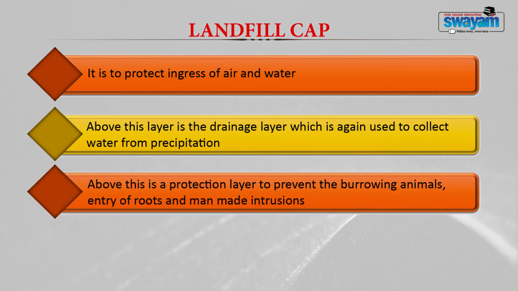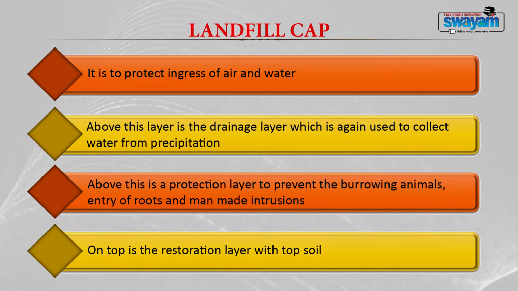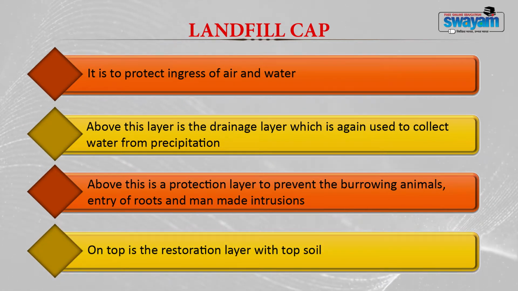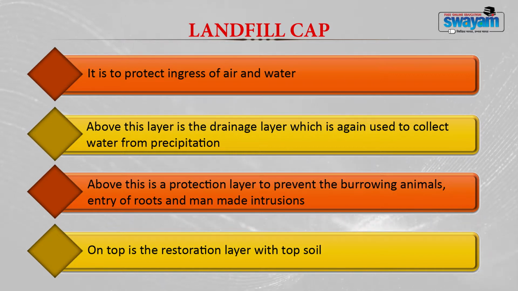Above this is a protection layer to prevent burrowing animals, the entry of roots and man-made intrusions into the landfill. Finally, on top is a layer of topsoil which is generally laid for enabling growth of small rooted plants, just for the landscaping or beautification purpose of the landfill.